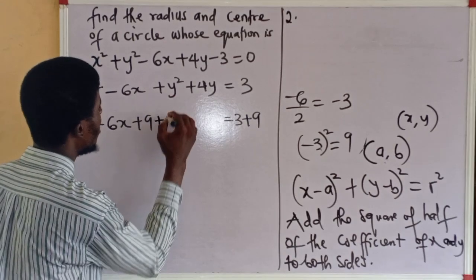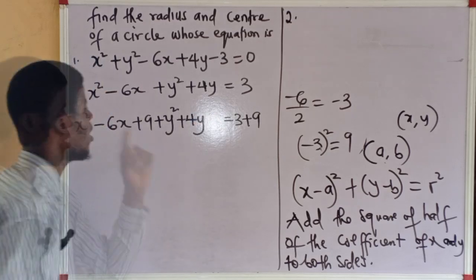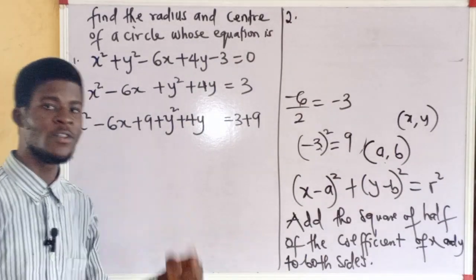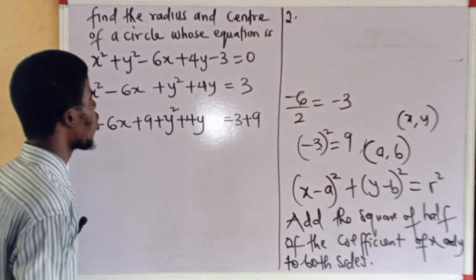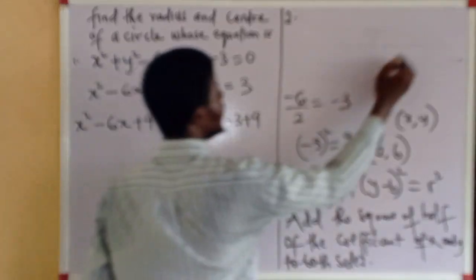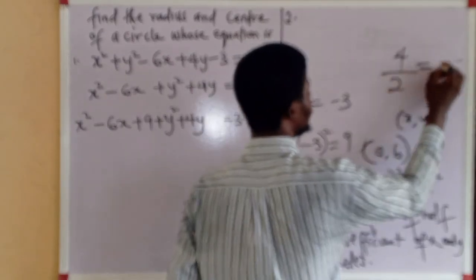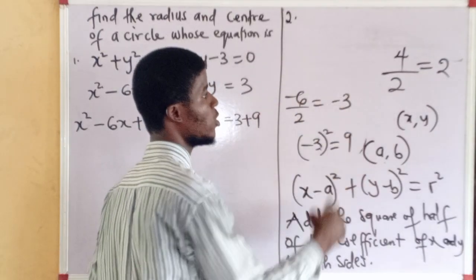Plus y squared plus 4y. I am also going to add the square of half of the coefficient of y to both sides. The coefficient of y here is what? 4. Half of 4 is 4 over 2, which is 2. So the square of 2 is 4.